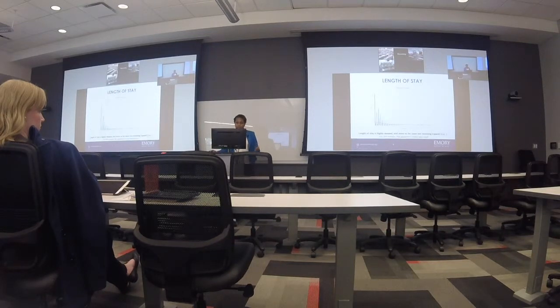We looked at their length of stay for patients who got Exparel, in red, versus the patients who did not get Exparel, in blue. So that was the length of stay information. There's more information on their length of stay.